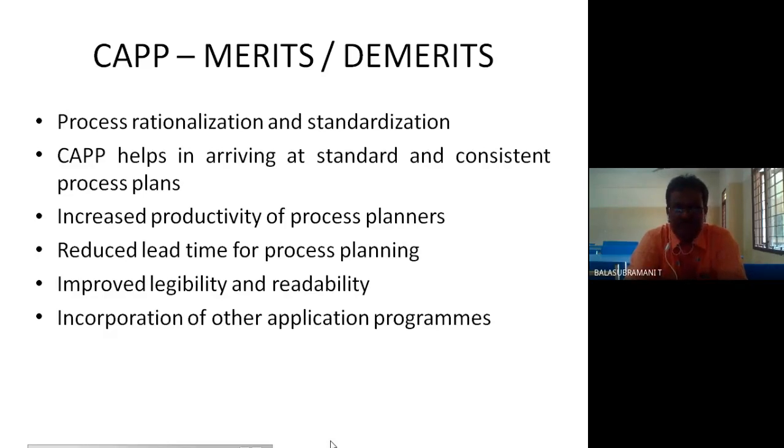In computer process planning, arriving at standard and consistent process plans, you may rely on the standard process, which increases the productivity of process planners. In using CAPP, variant or generative, whatever it may be, usually the process planner's productivity increases. That means preparing the process plan takes very little time. You make your own part drawing; already we have discussed.